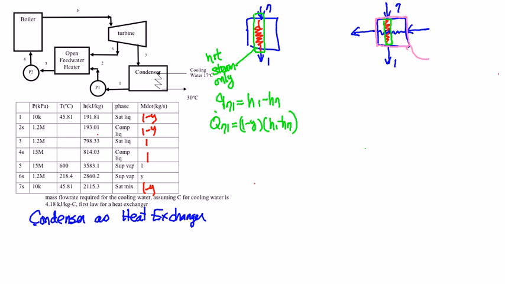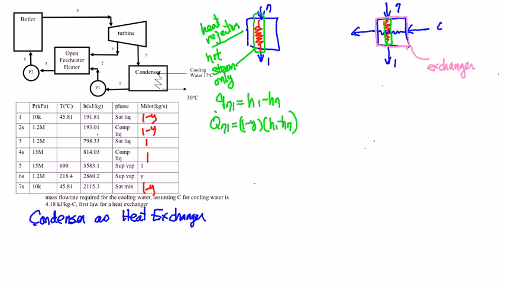The pink is the exchanger portion of the control volume. The green is the heat rejection portion only. Okay?